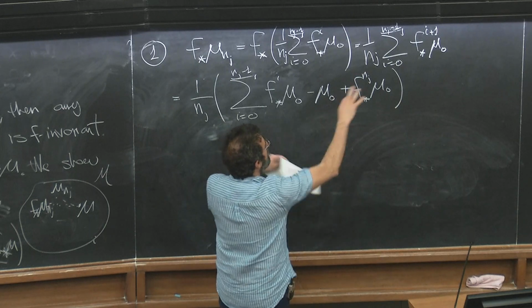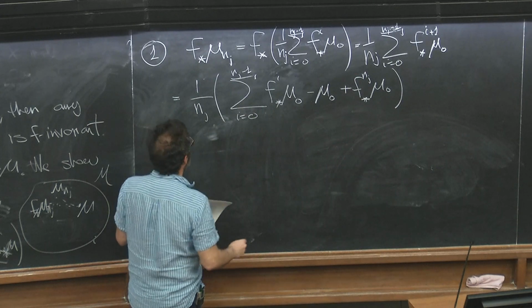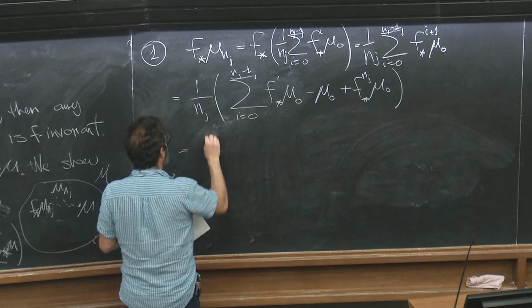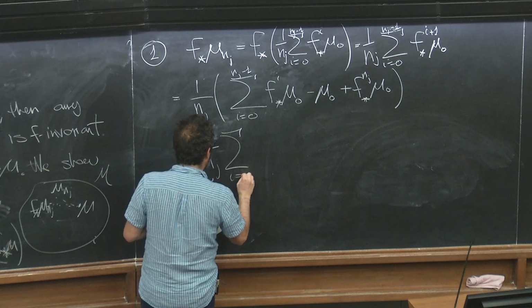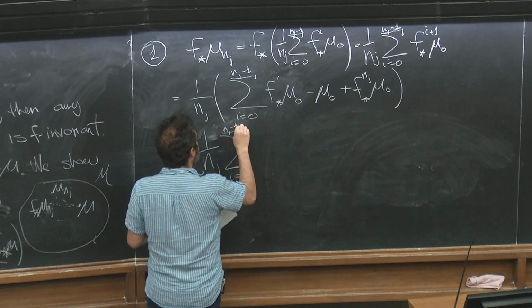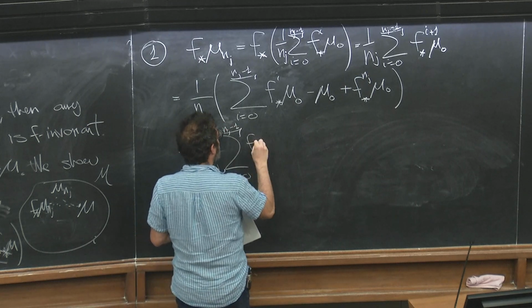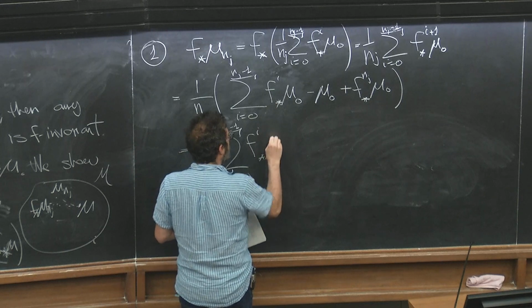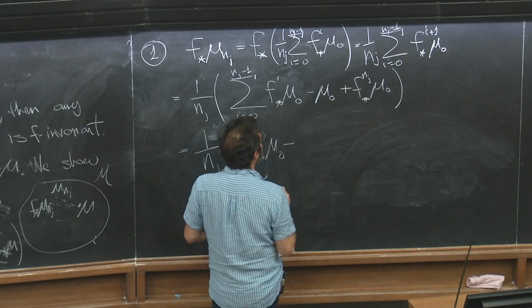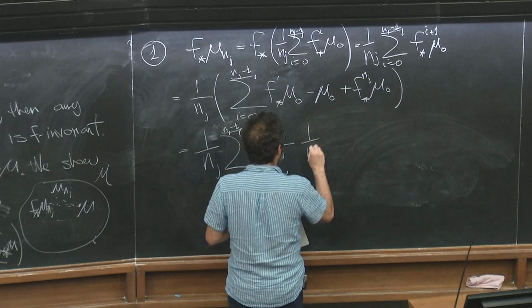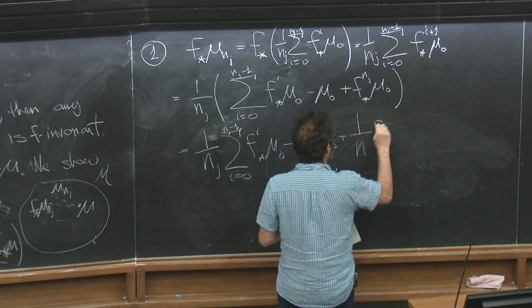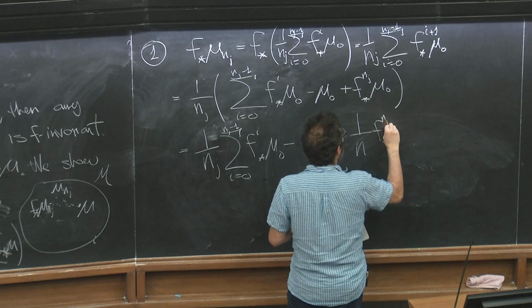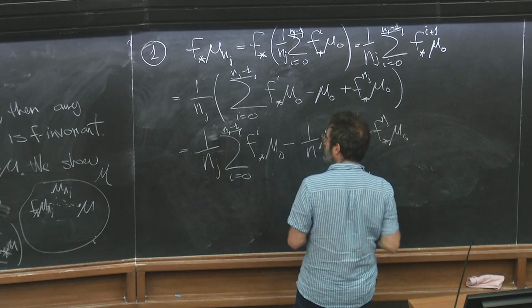Okay, so we've just separated out the terms in that sum, and then we can write this as 1 over nj, the sum i equals 0 to nj minus 1 of f i star mu 0 minus 1 over n mu 0 plus 1 over n f star nj mu 0.